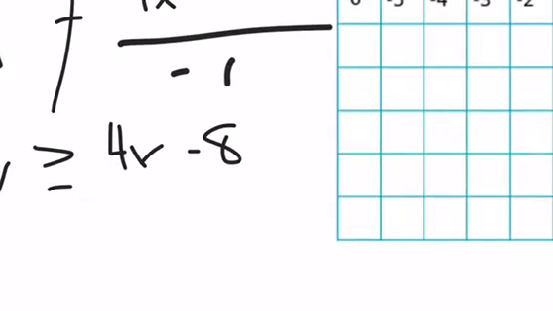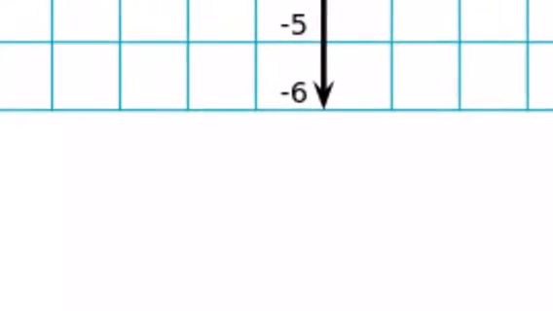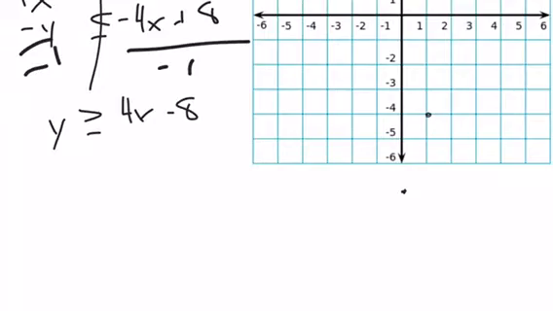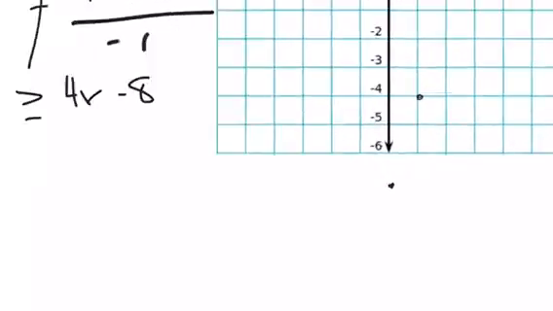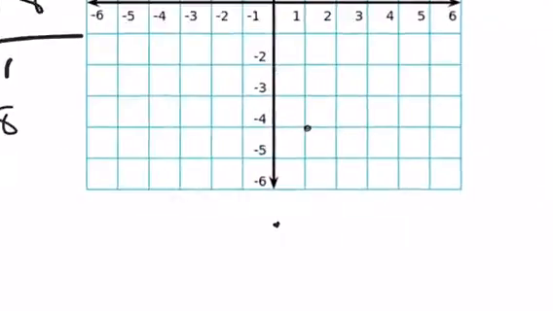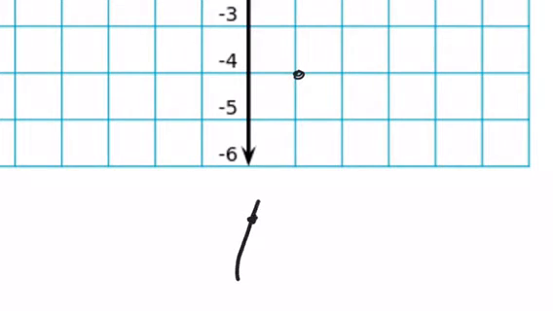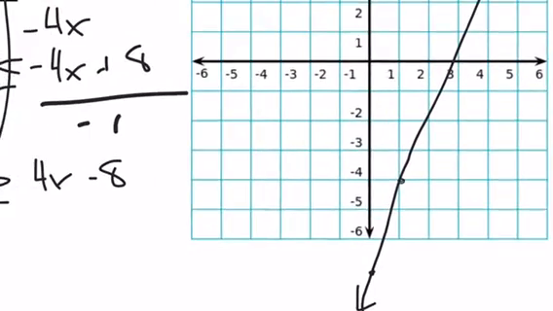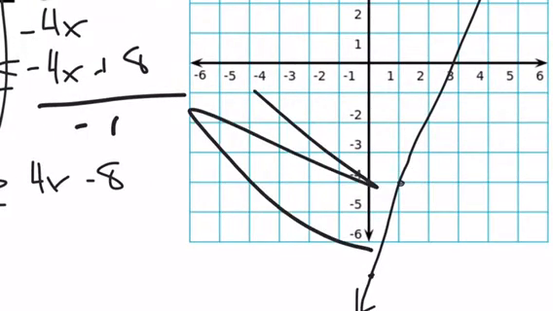So we go to graph this. We're going to have a point on negative 8 and go up 4, right 1. Negative 8 is actually off our graph a little bit. It's okay. When we go up 4, right 1, we'll be right here. This has an equal to, so it will be a solid line. And it was greater than, so when it's greater than, you want to shade above.